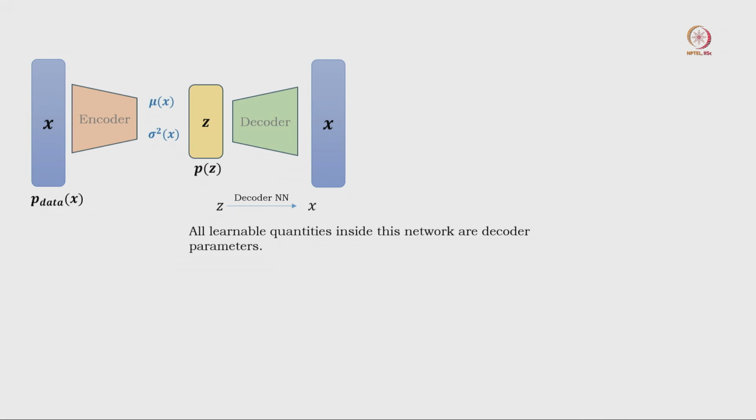Once you get the reconstructed data, you backpropagate. From Z, when it is passed to the decoder, the decoder gets the reconstructed data.